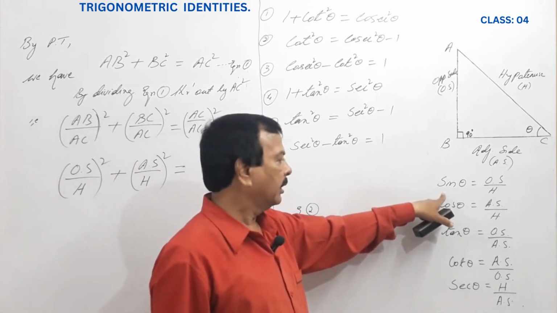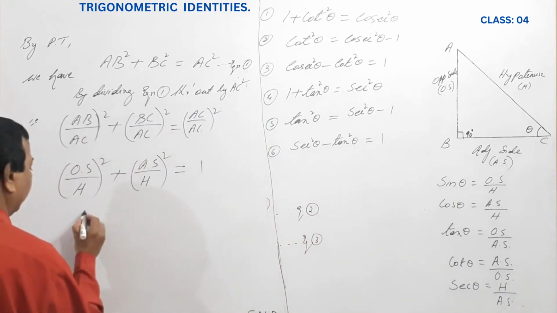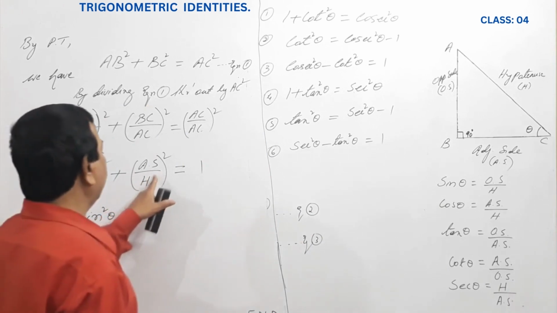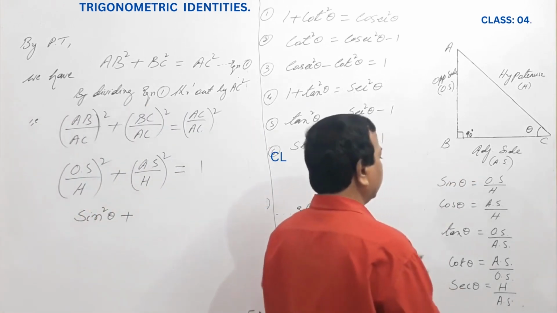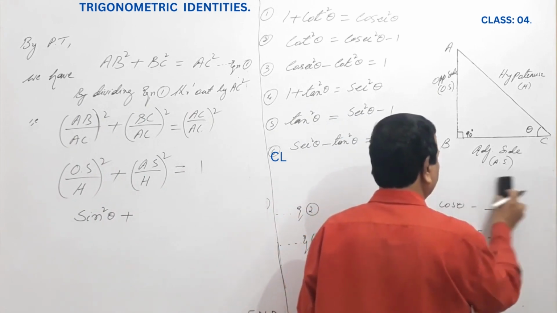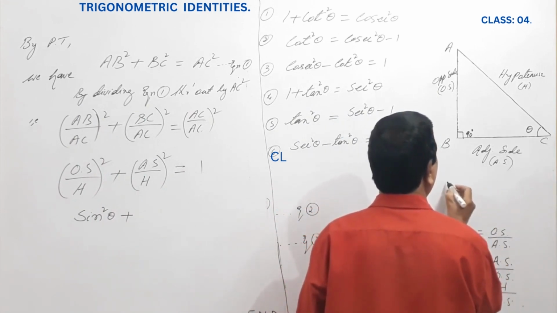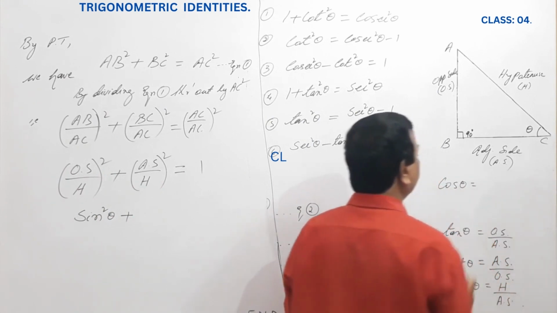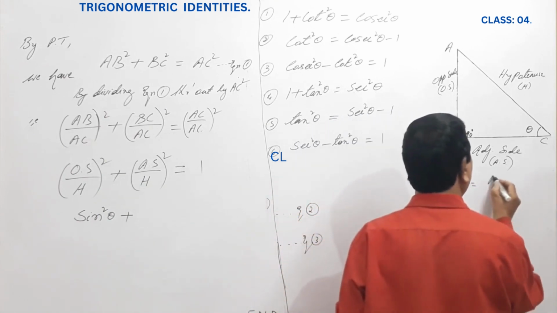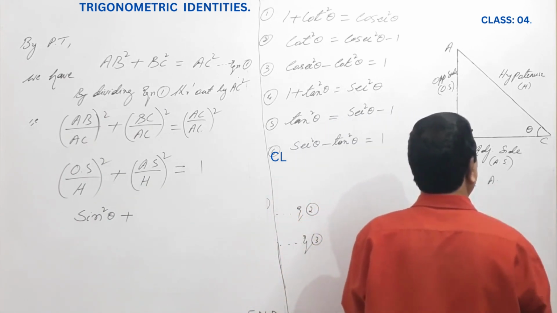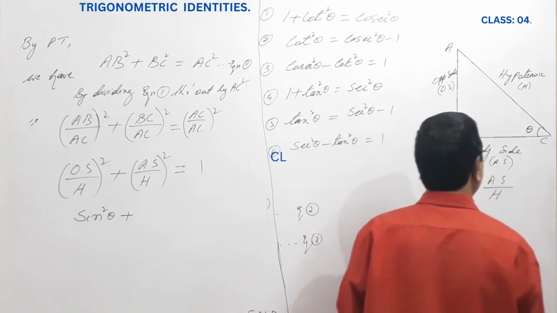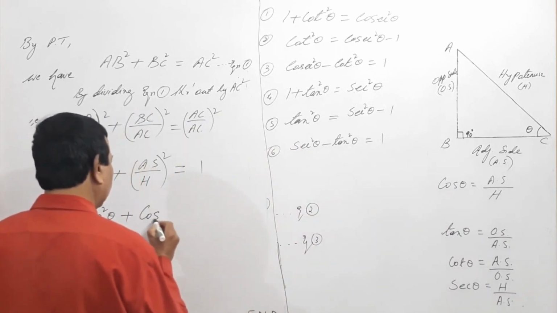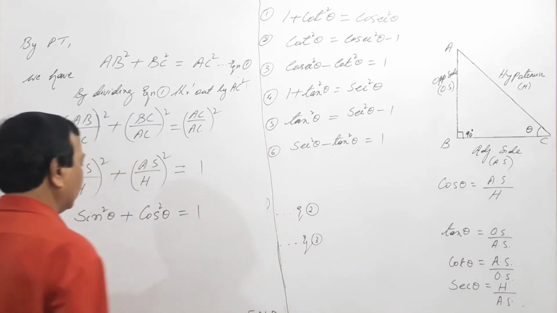Now what is opposite side by H? Opposite side by H is sin theta, so it is square now. This becomes sin square theta plus what is adjacent side by H? Adjacent side by hypotenuse is cos theta, that is cos square theta equals to 1.